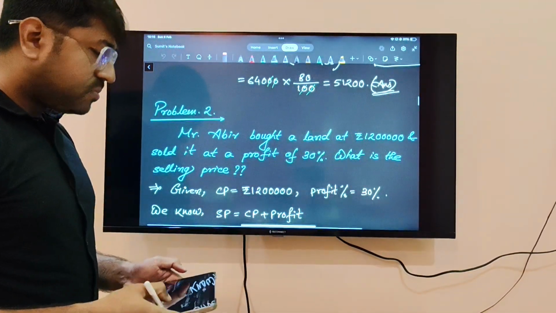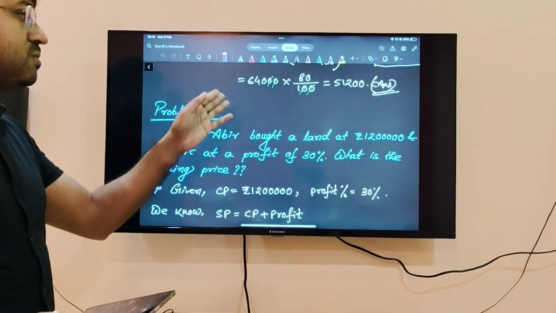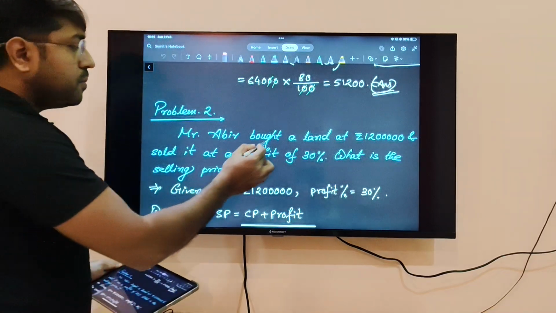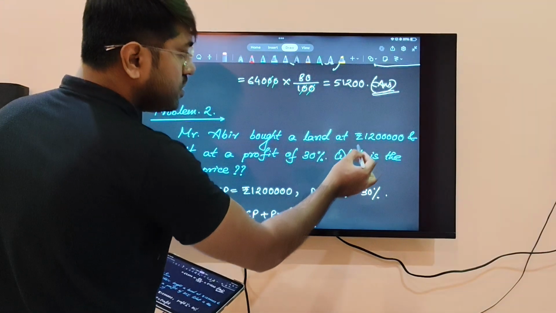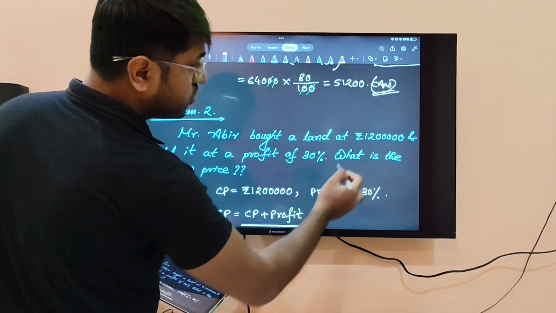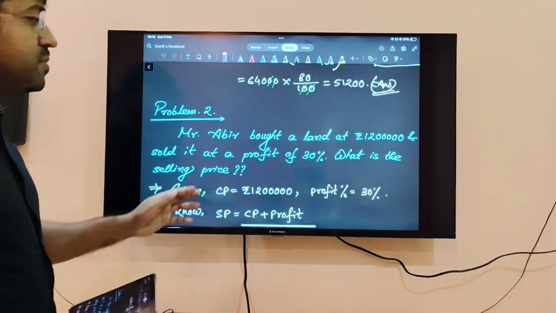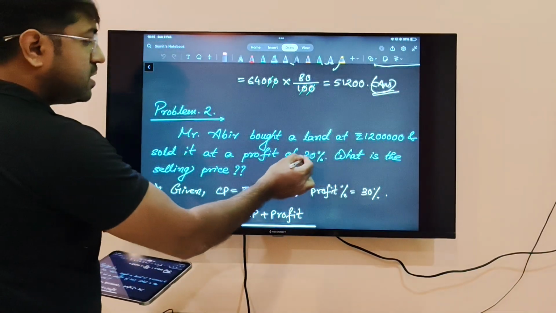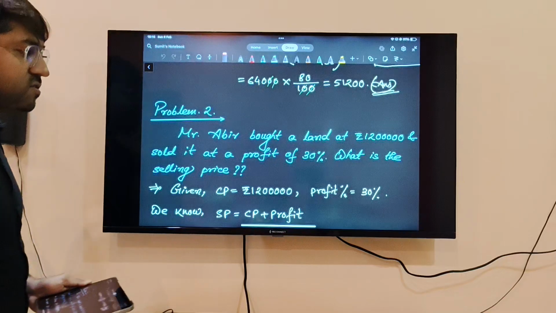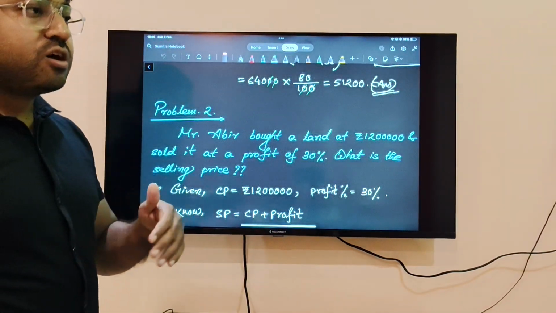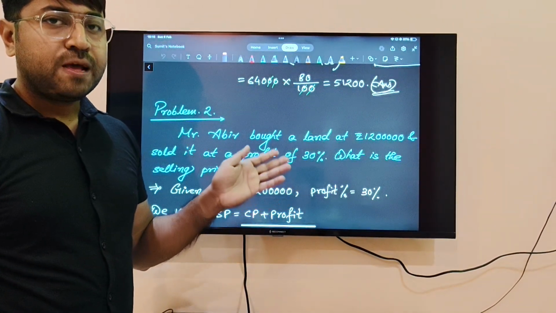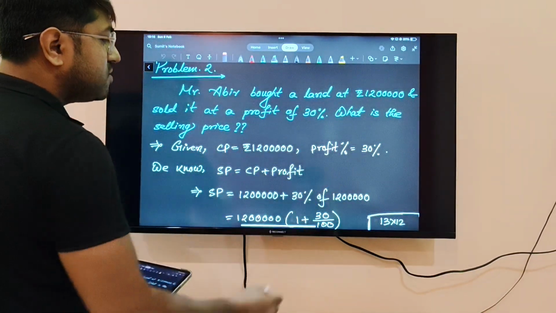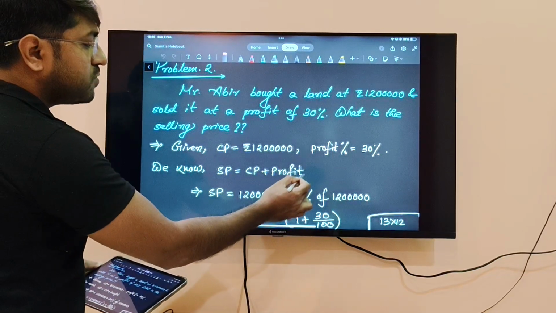That was a loss sum, next will be a profitable sum. The question is that Mr. Abir bought a land at rupees how much? How many zeros? 5 zeros. So 12 lakh. Mr. Abir bought a land for 12 lakh and sold it at a profit of 30%. What is the selling price? Same concept. When you are making a profit, selling price will be CP plus profit. So given CP is this, profit is this, SP will be CP plus profit.